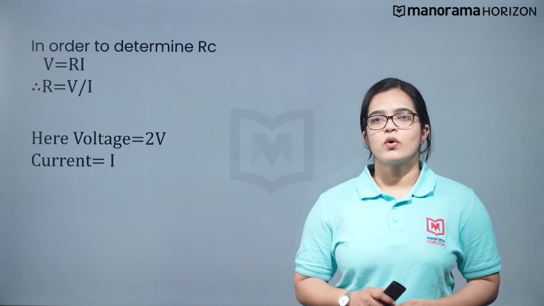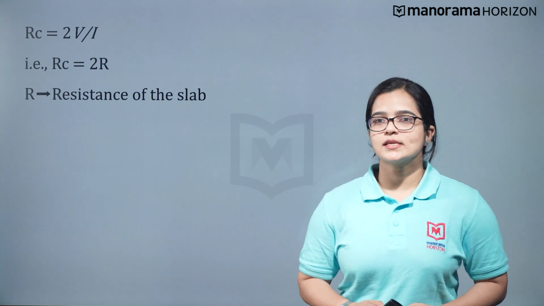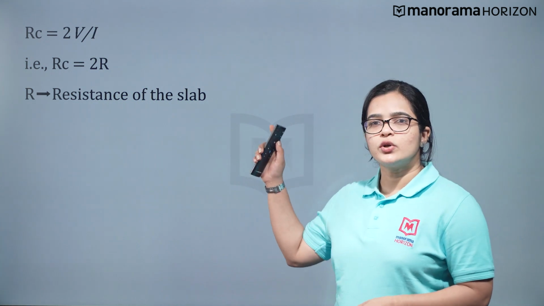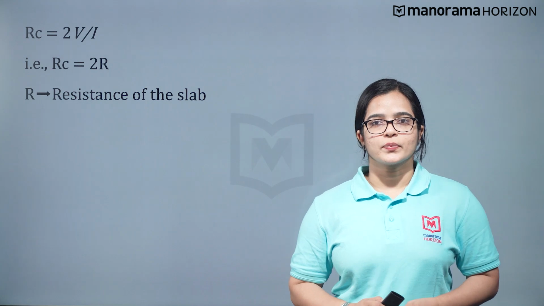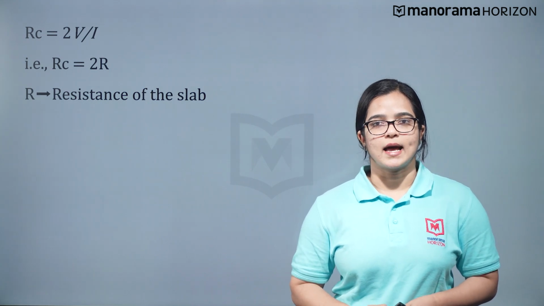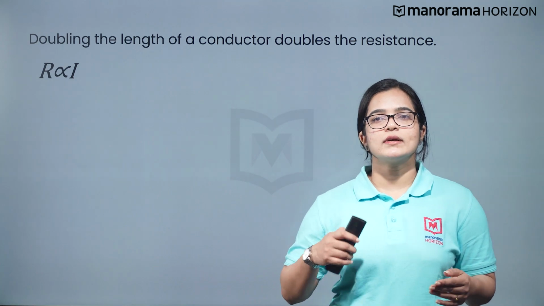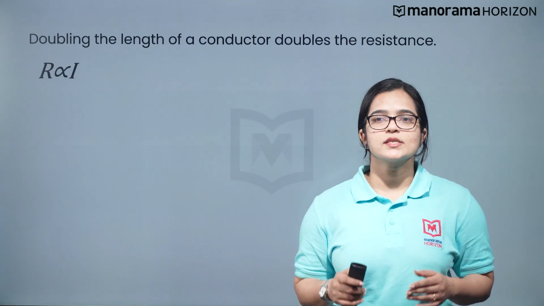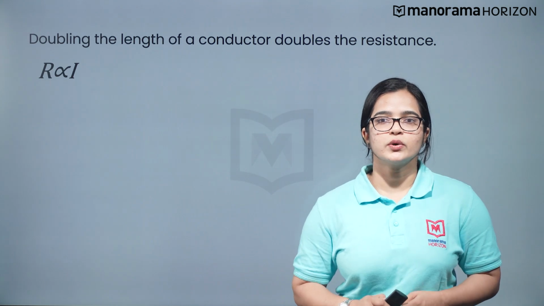So here the voltage is 2V and current is I. Then the resistance RC is equal to 2V divided by I, which is equal to 2R, where R is the resistance of the slab. From the above equation, we understand that as the length of the conductor doubles, the resistance value also doubles. In general, the resistance is proportional to length.